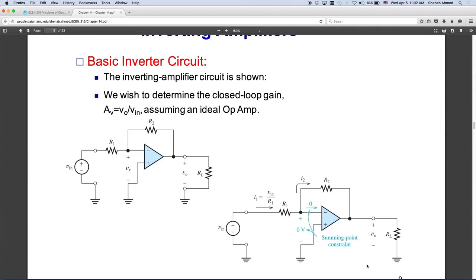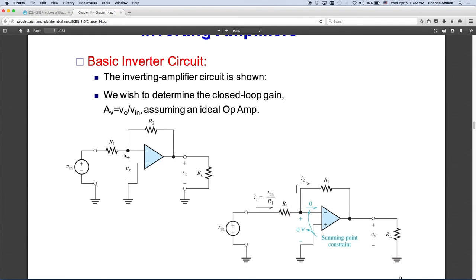The magnitude will be changed by the value of the resistance that we choose around it, but it will be opposite in polarity of V input. So if I put V input of 5 volts, the output will be minus something. This something will depend on the values of the resistors around it.